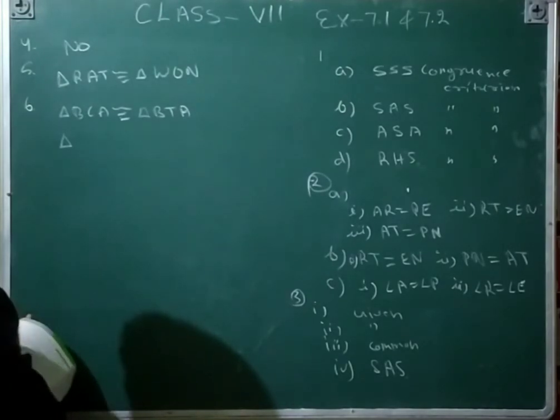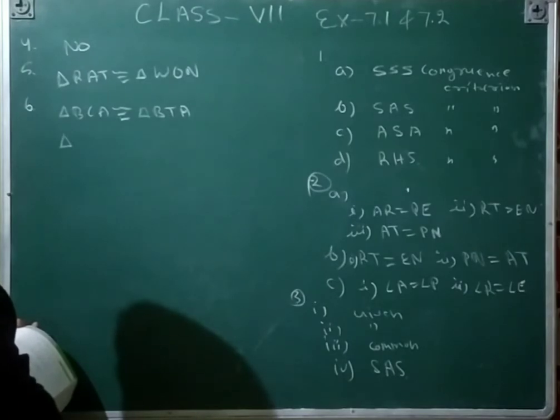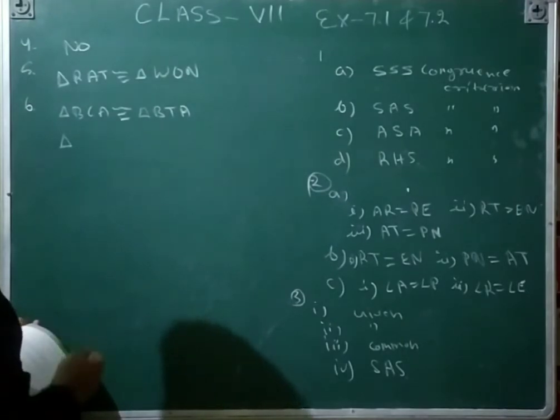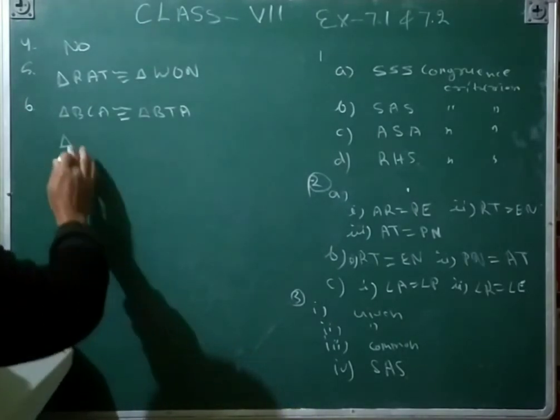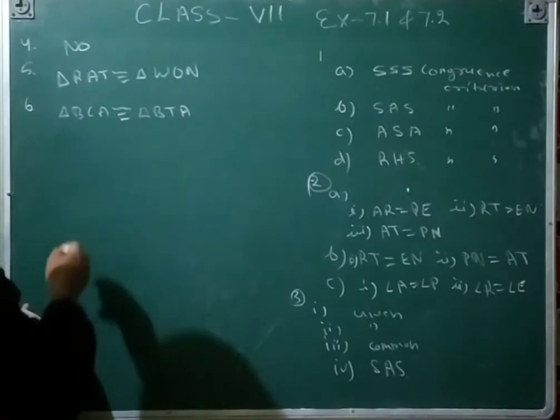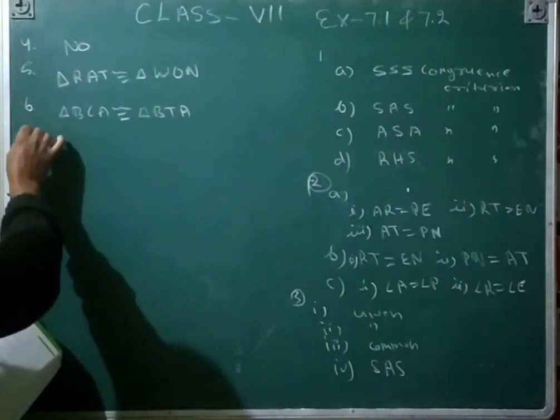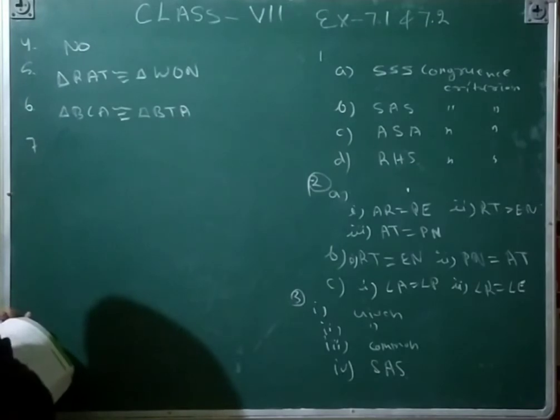The diagram is not there to complete the congruence statement for QRS. From where is this taken? The diagram is not there. First of all we will draw the diagram, and after that we will write that. Okay, so leave that.